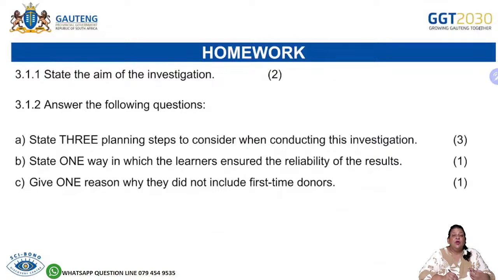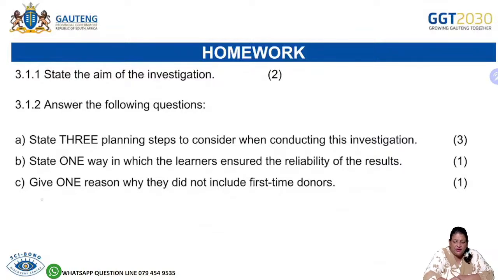Then you determine the time and date of the investigation, what day and time. Then you determine how you're going to collect and record your data. So that's always there. The tools you're going to use to collect your data, when you're going to do the investigation, and what your sample size will be.